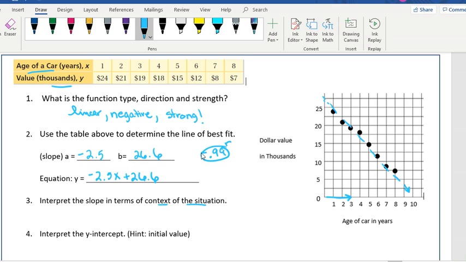Slope, it's going down 2.5. That's 2,500. So the value drops. Why am I saying that it drops instead of grows? Because this was negative. So the value drops $2,500 every year.